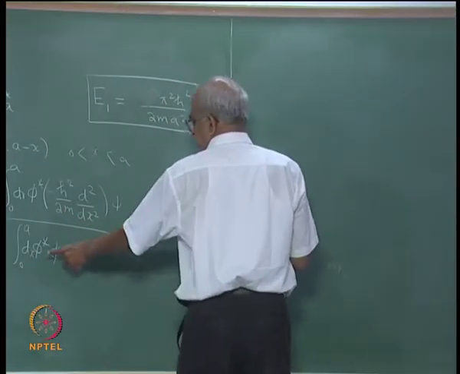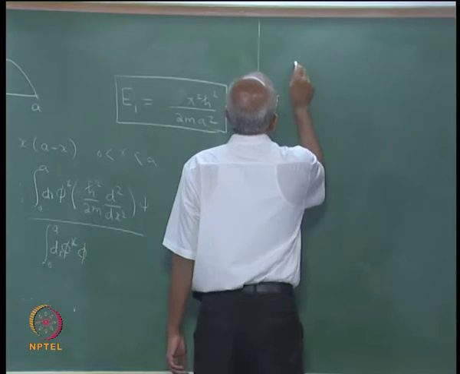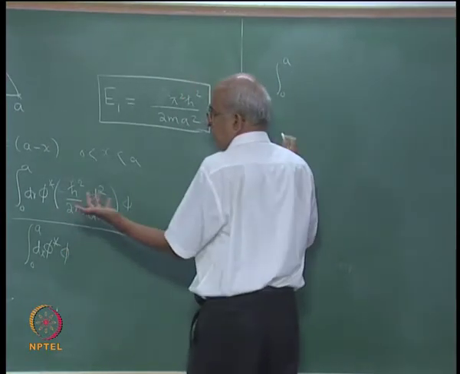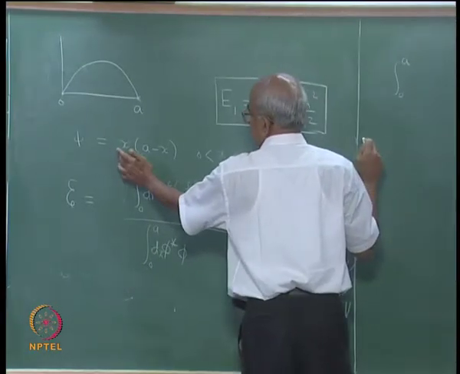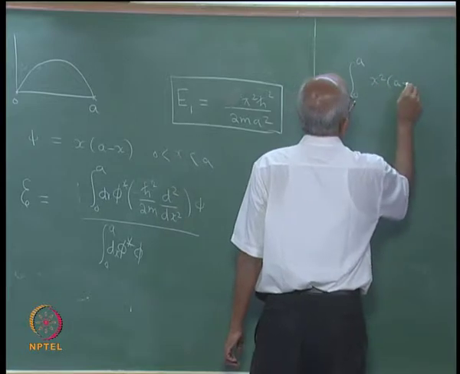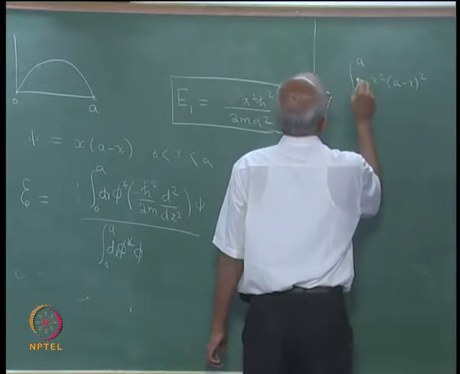Okay, let me first evaluate this part, integral 0 to a phi star phi. After all, phi is a simple thing, phi star is phi itself. So it is nothing but x square into a minus x the whole square into dx.